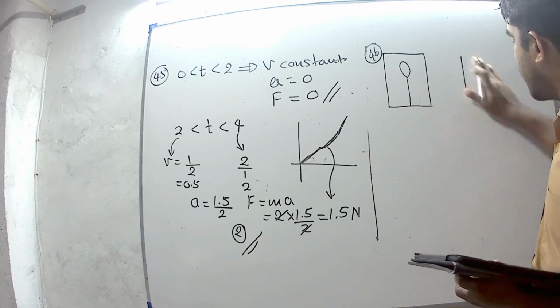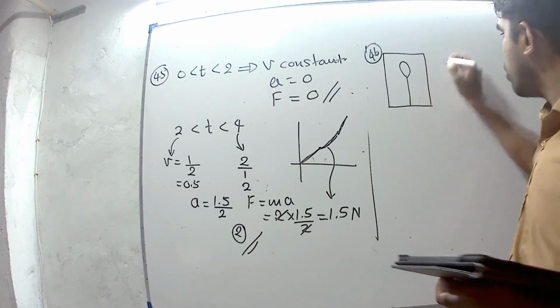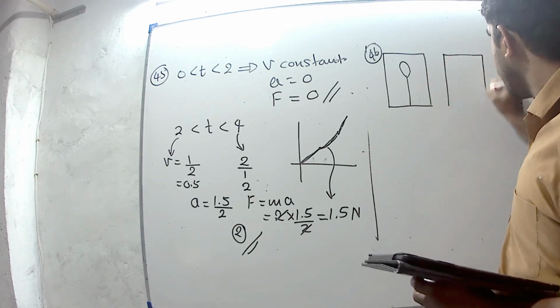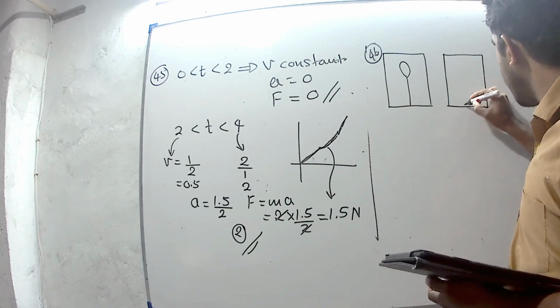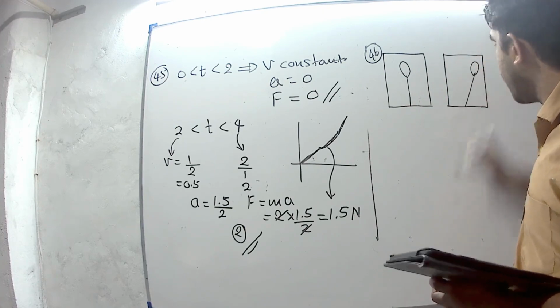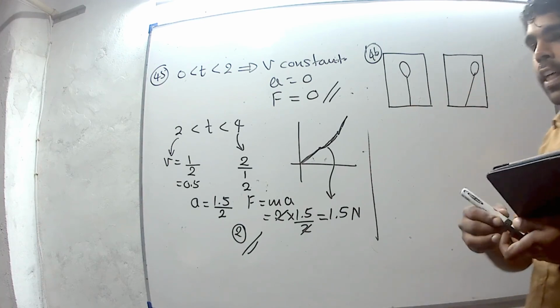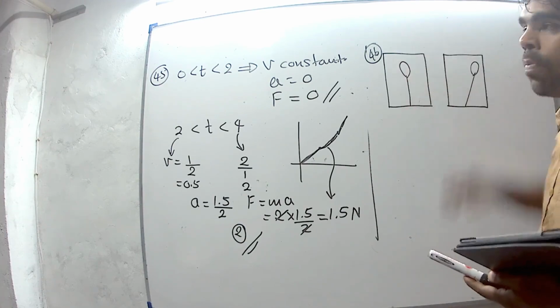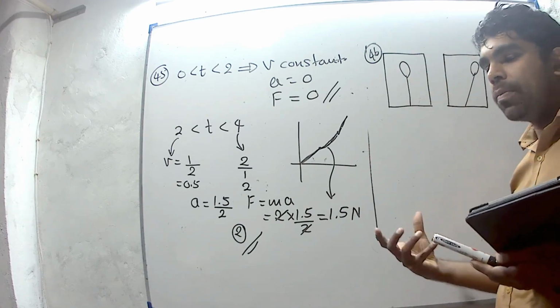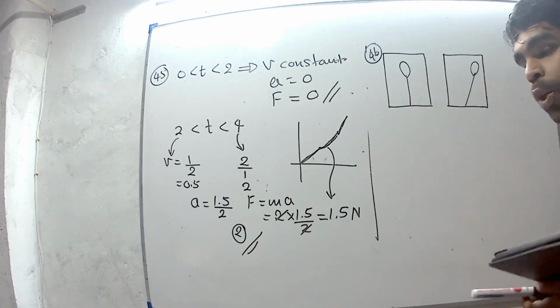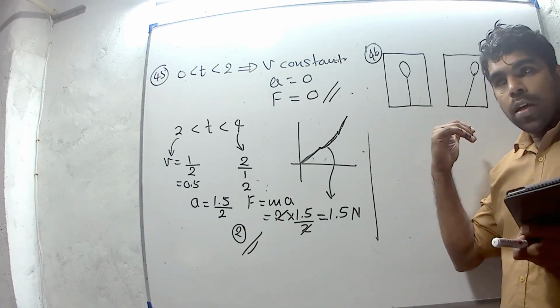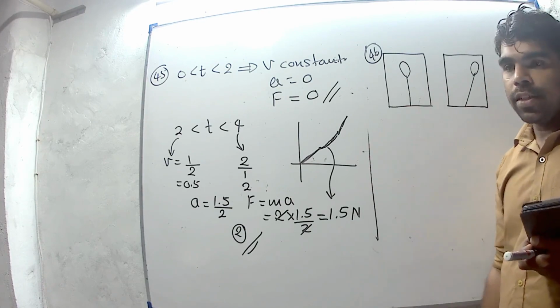When accelerating, this balloon should move in this direction, because we know that if the density of the considered object is less than the outer medium, it should move in the accelerated direction.